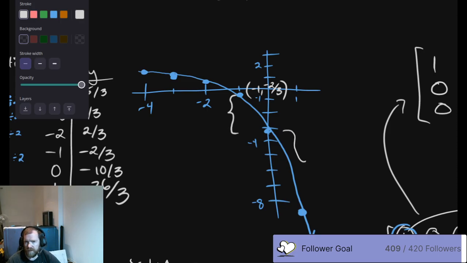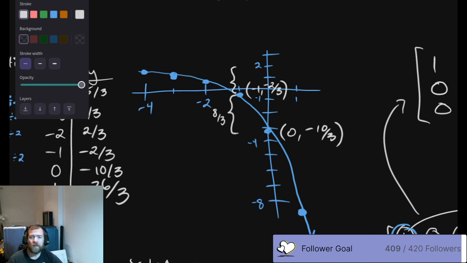And then this one here, oops, hang on, back up. This one here is 0 comma, this was 1, 2, 3, and 1/3, or negative 10/3. How far are those apart? The distance there is 8/3.